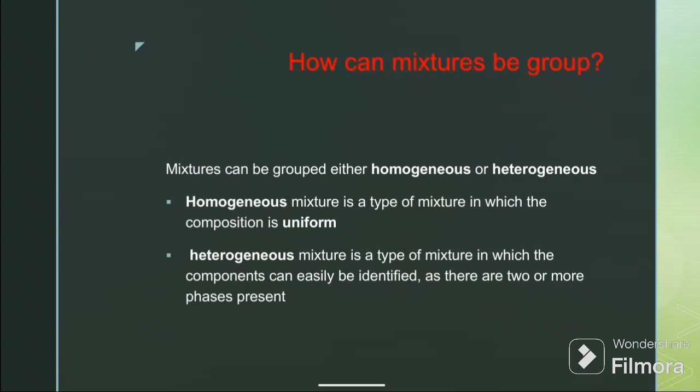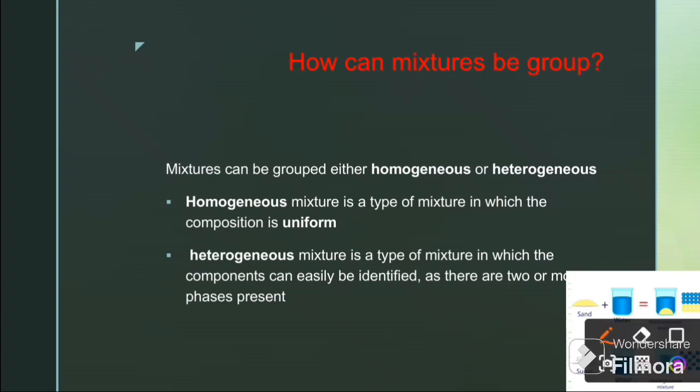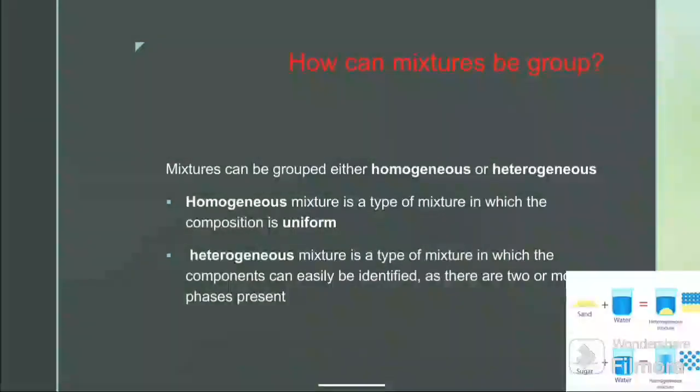They can have two or more phases present in the mixture. So this is denoting a heterogeneous mixture, and a homogeneous mixture over here. You can find them over there.